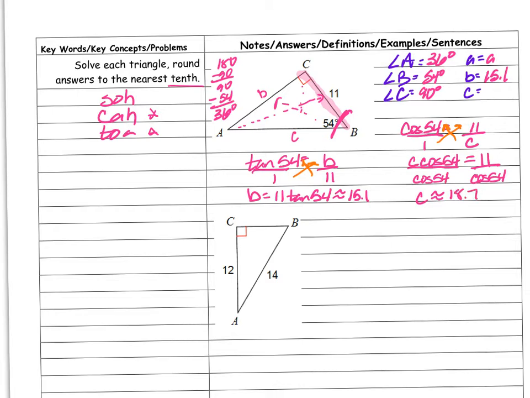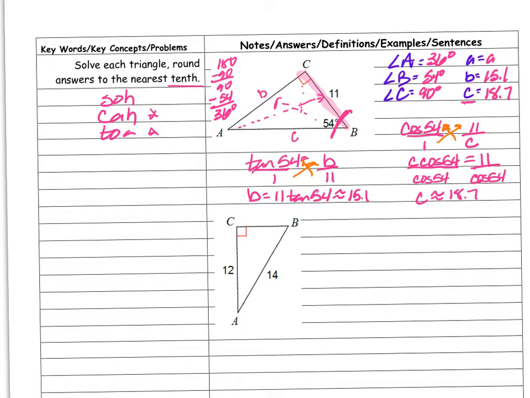18.7. So another little thing you guys already should know, but in case you don't remember, whatever letter happens to be my hypotenuse, which in this case is C, it needs to be bigger than the other two sides. The hypotenuse is always the longest side. So 18.7, if I would have got something that was less than, oh my goodness, I think I totally wrote those in the wrong spot.